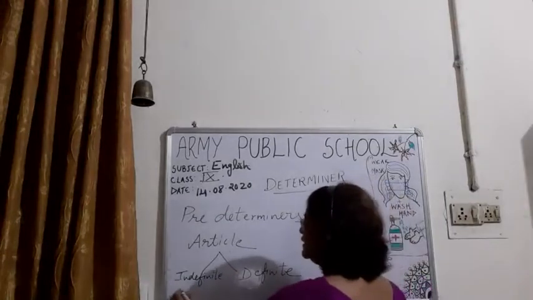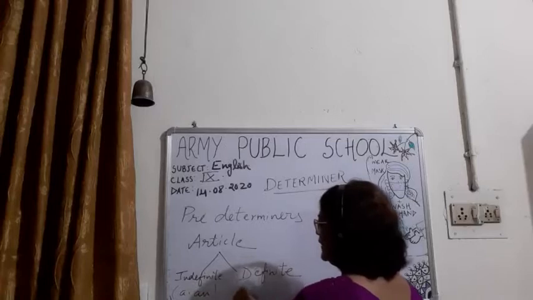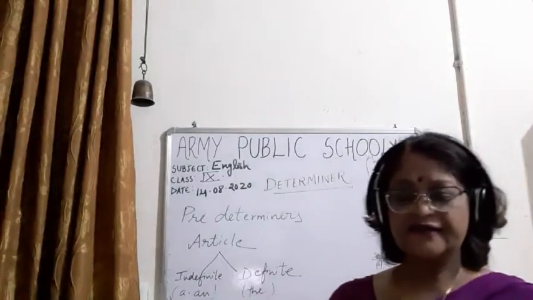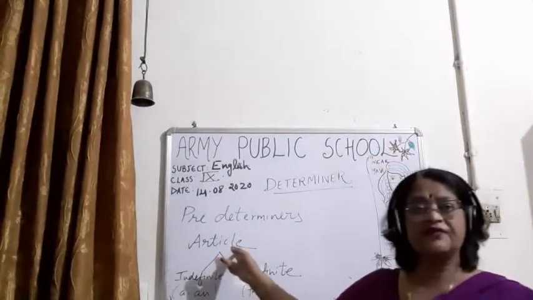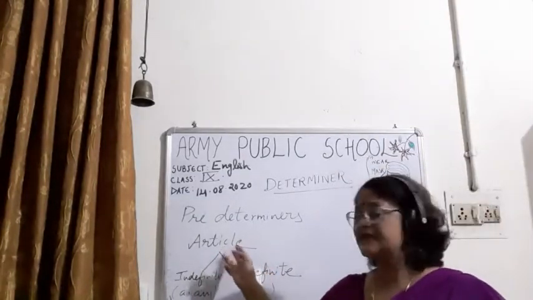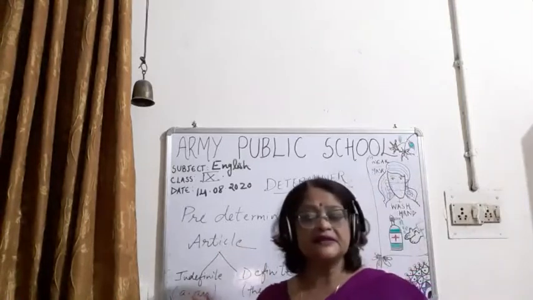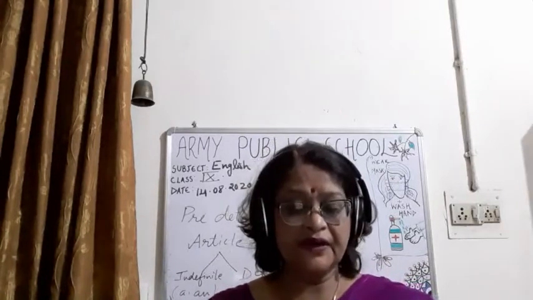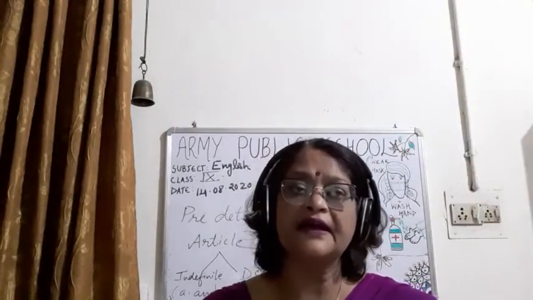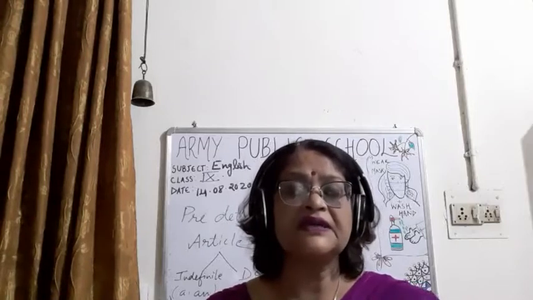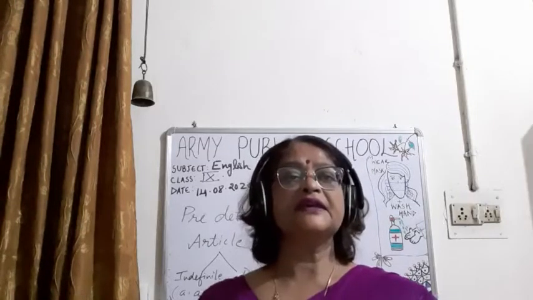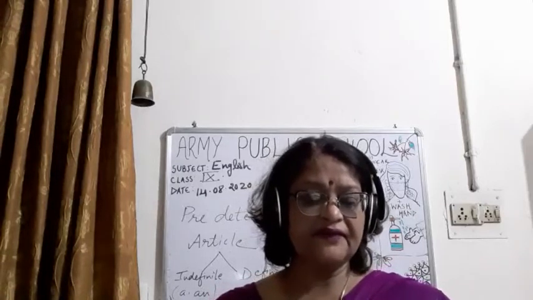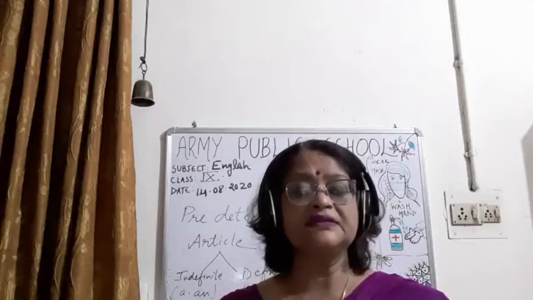A is an indefinite article and the is a definite article. So among the 8 determiners, the first is the article, and in the article there are two types: the first one is indefinite and the second one is definite.